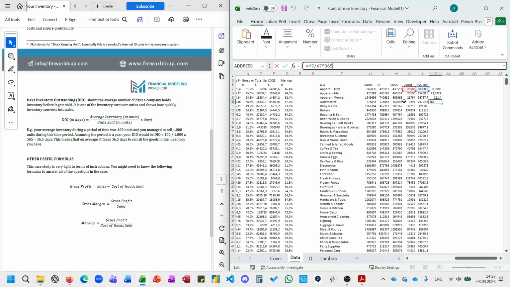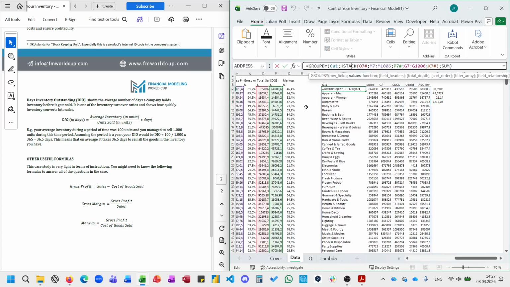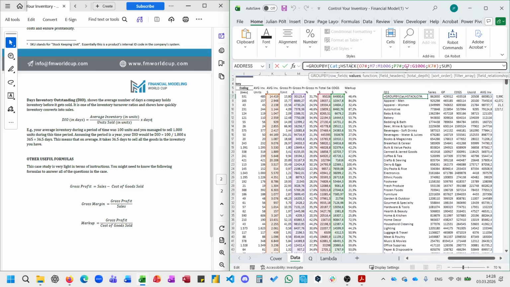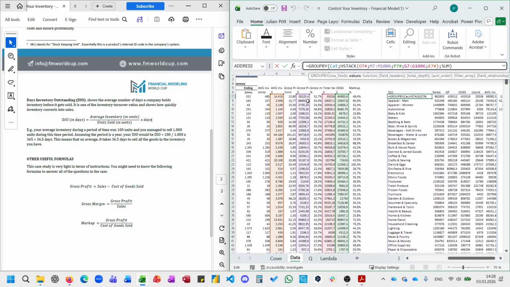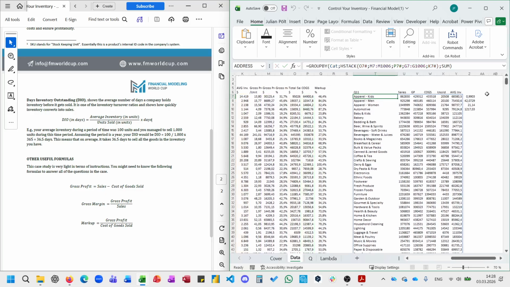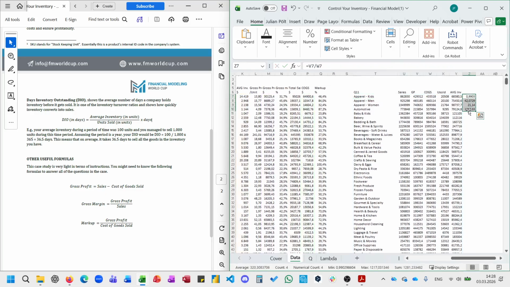Average inventory in units. Was it the right one? Says TP COGS. This here is units sold. Yes, that's right. Inventory value. Inventory in numbers.